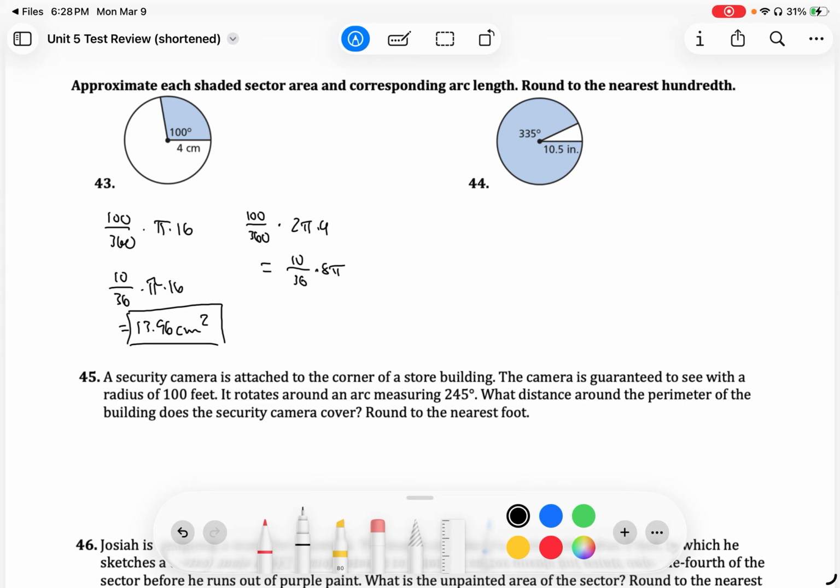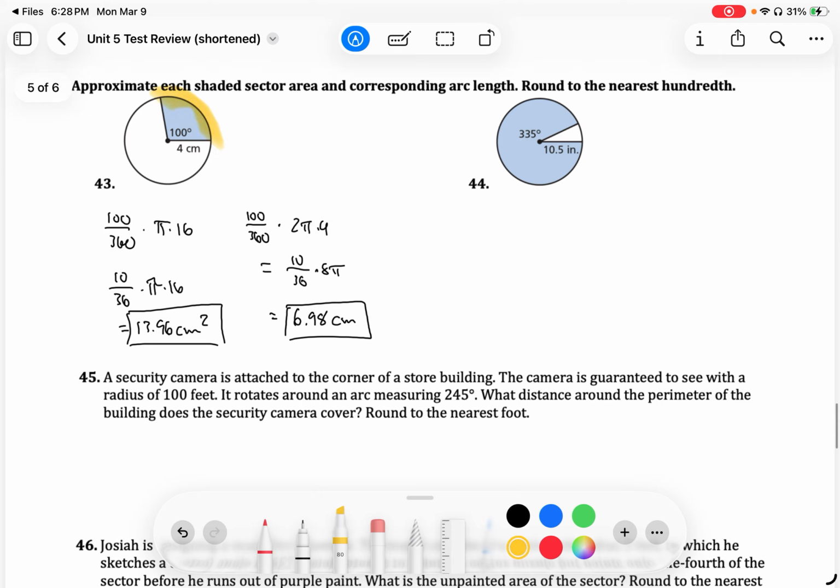So it should be half of the number that I got before, but I'll just double check it. I got 6.98. Different units though. This is 6.98 centimeters because that's just the length of this arc right here, right? Just the length of that arc.